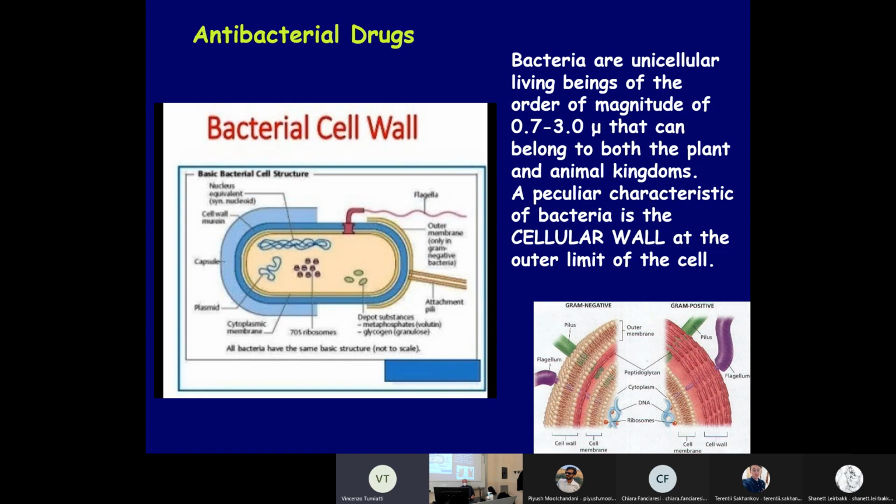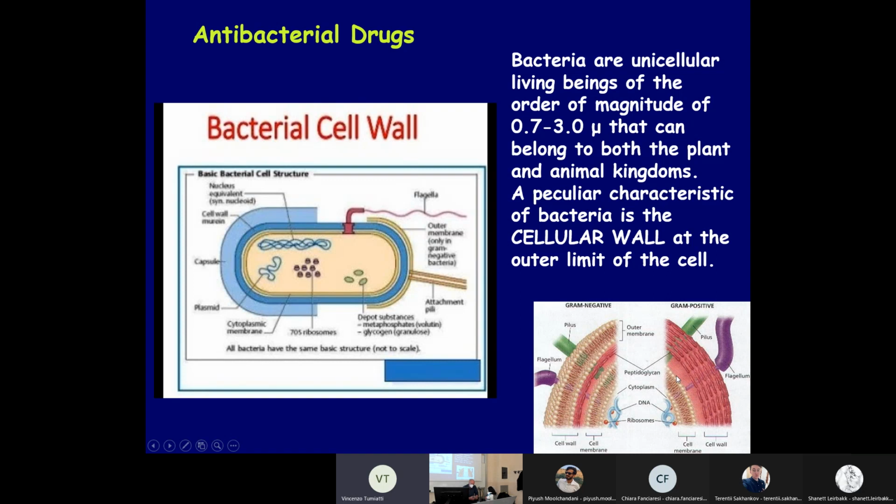Another easy concept, the bacterial cell wall. You already know the structure of bacteria. Fortunately, bacterial cells are quite different from mammalian cells, and in particular, they have a cell wall constituted by peptidoglycans.